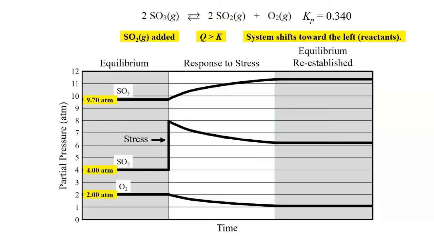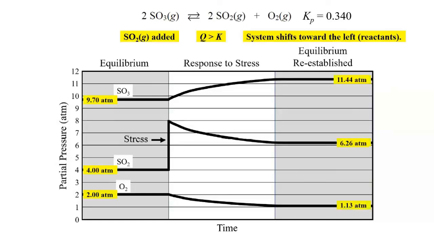And so as the equilibrium responded by shifting toward the reactants, as there was a net conversion from products to reactants, that caused some of the SO2 to be consumed. So you can see that that partial pressure decreased. It also caused some of the O2 to be consumed, so that pressure decreased, and it caused the additional formation of SO3, which is why that partial pressure increased.